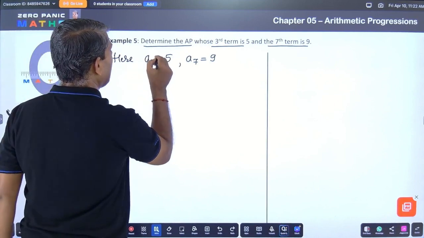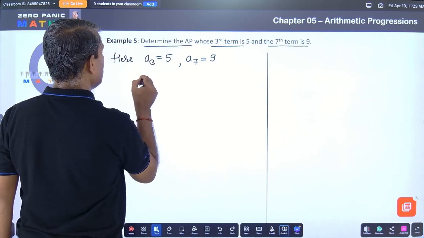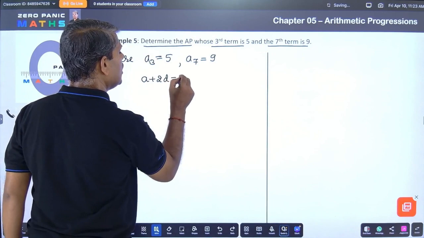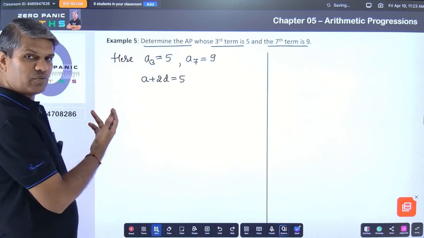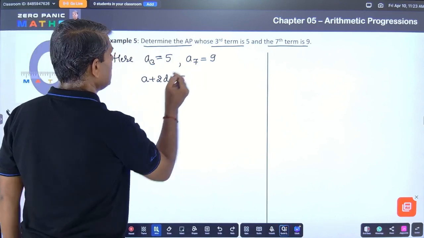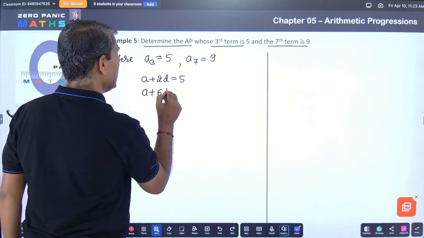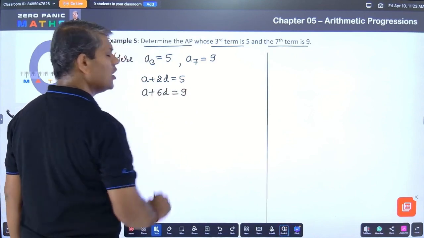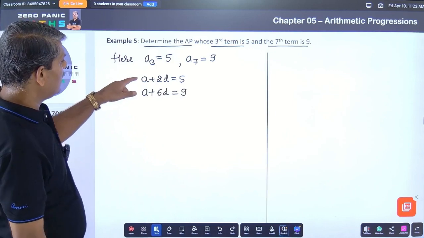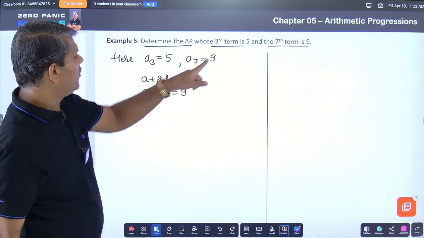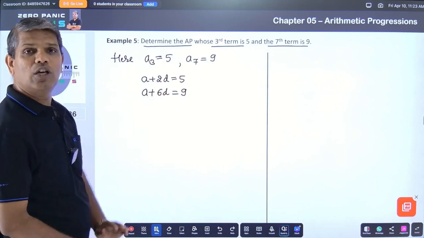So can I write a3 is equal to a plus 2d is equal to 5? Can I write this way? Yes, we can write. Similarly, a7 is a plus 6d is equal to 9. So this is the third term, this is the seventh term, and according to the information, it is equal to 5, it is equal to 9.